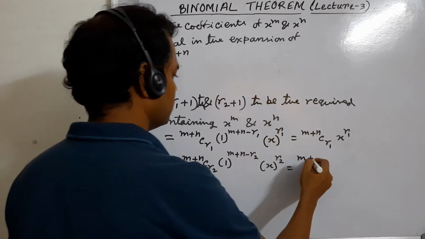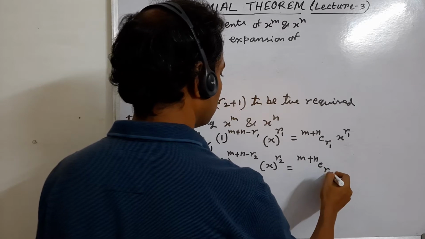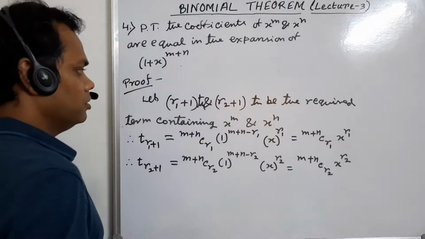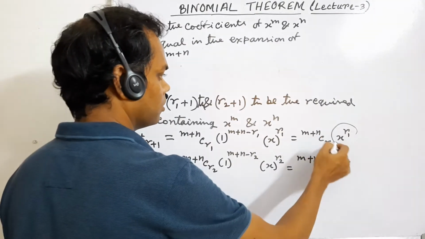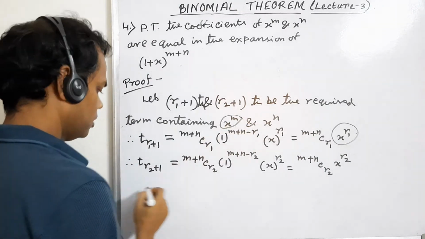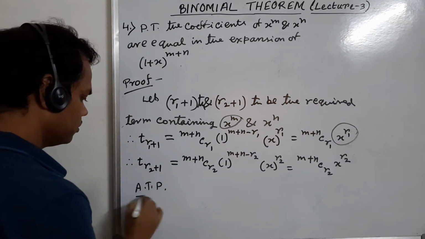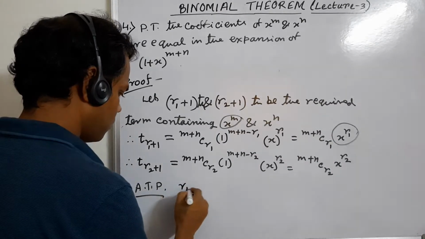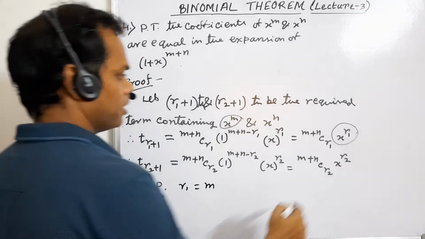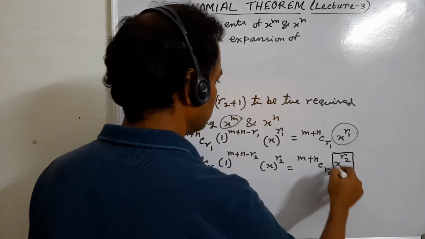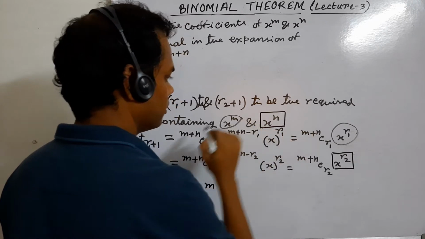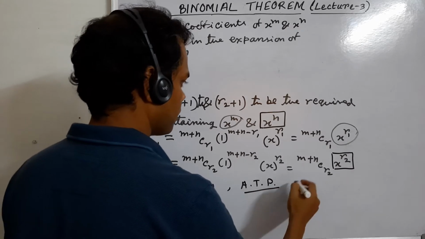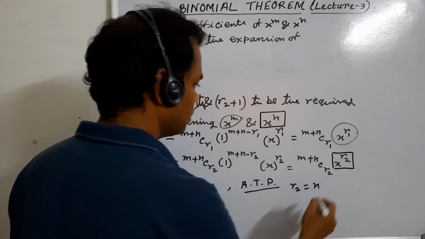So (m+n)C(r2) x to the power r2. Now you see that this is x to the power r1, so this is x to the power m. According to the problem, r1 equals m, and that one is x to the power r2 and that one is x to the power n. So according to the problem, r2 is equal to n.